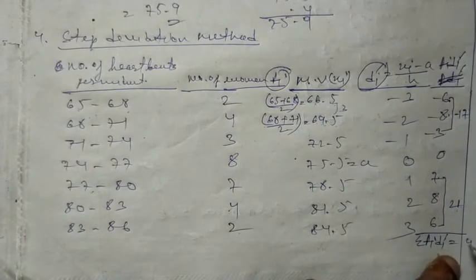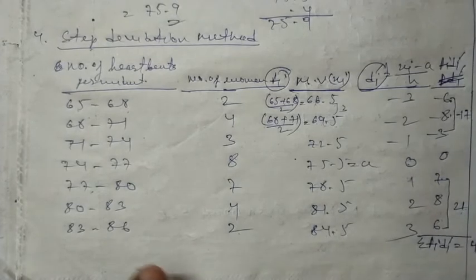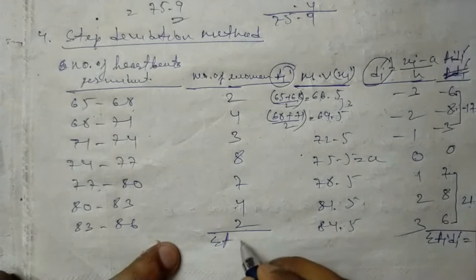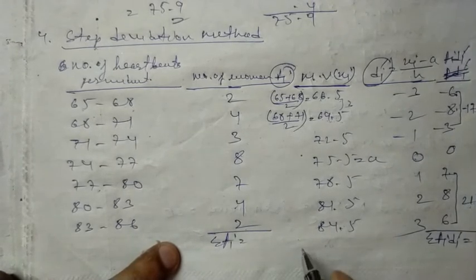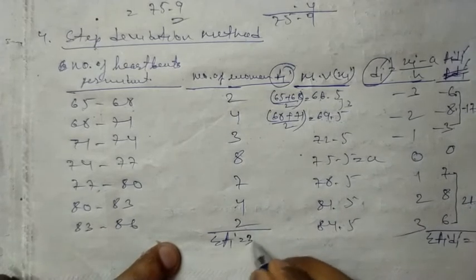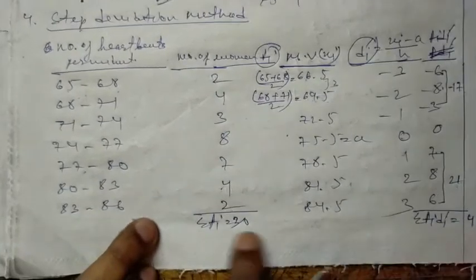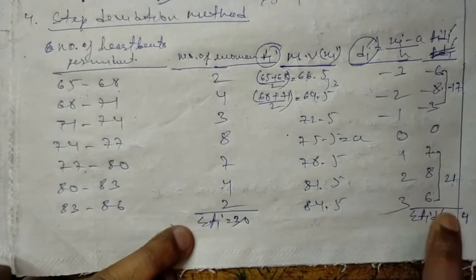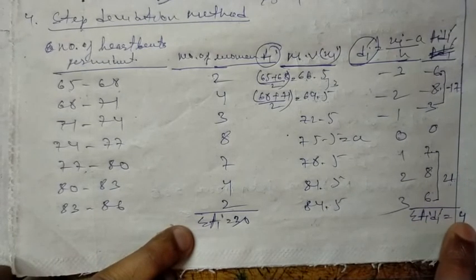And here Σfi, the total value, will be 30. Okay, so we got Σfi equal to 30 and Σfidi dash is 4.